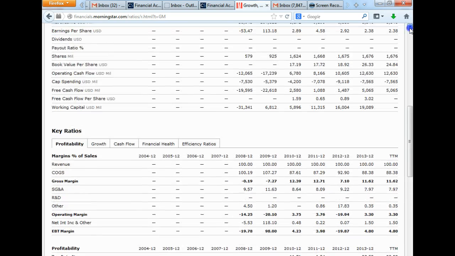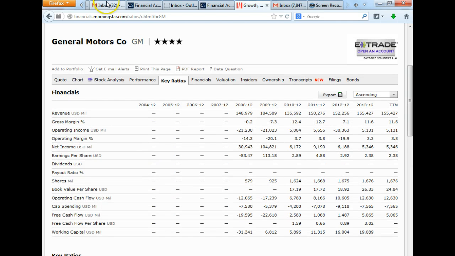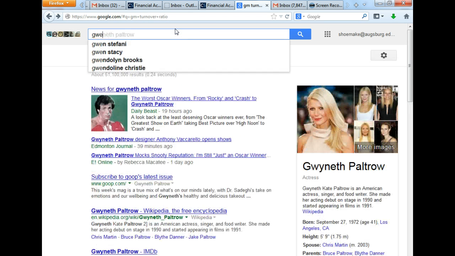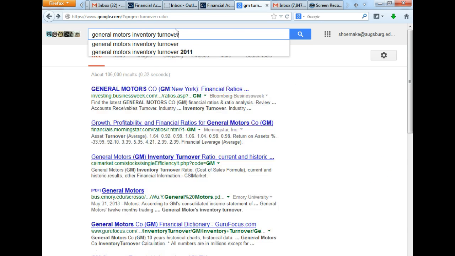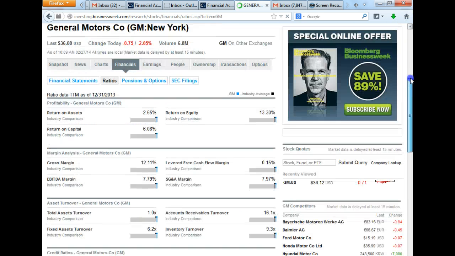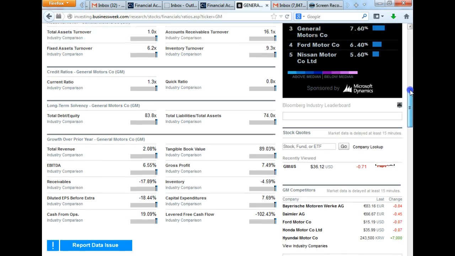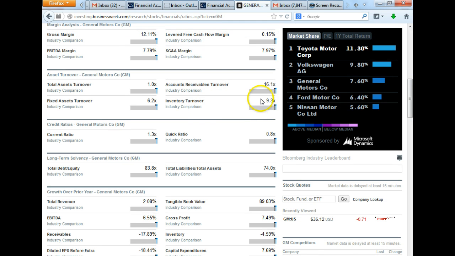Here, General Motors inventory turnover, 9.3 in a year.